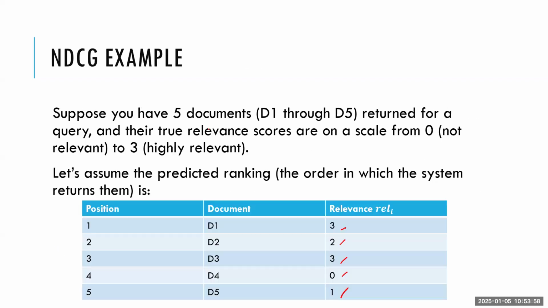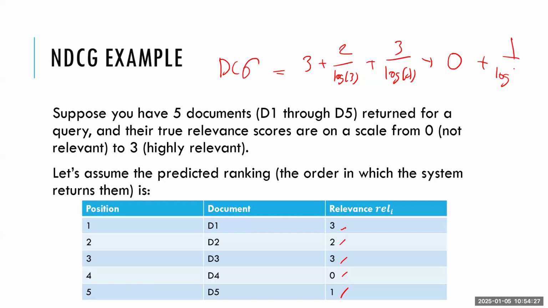So what is the DCG? The DCG for our prediction would be 3, plus 2 over log 3, plus 3 over log 4, plus 0, plus 1 over log 6.